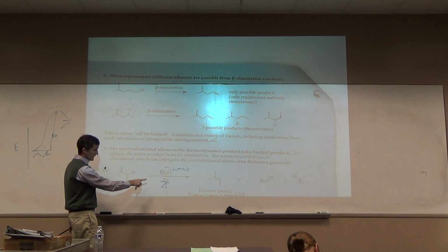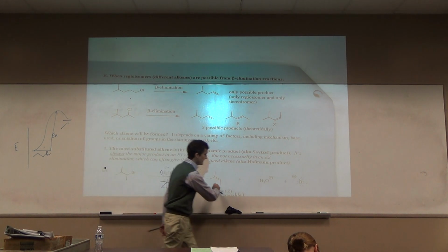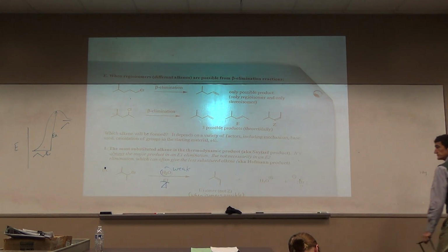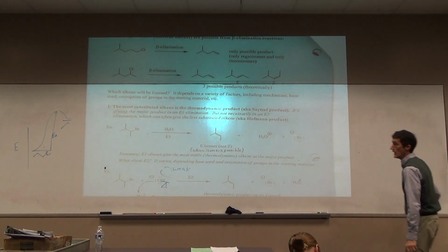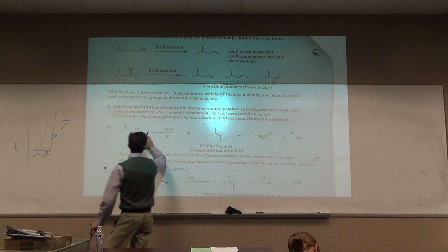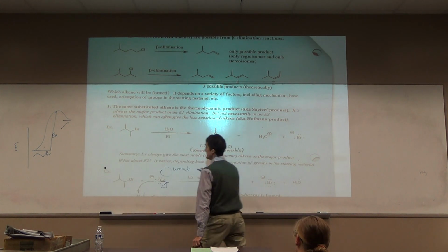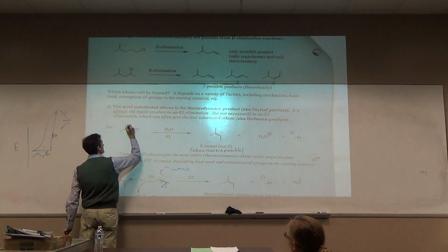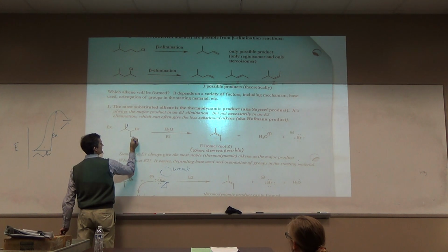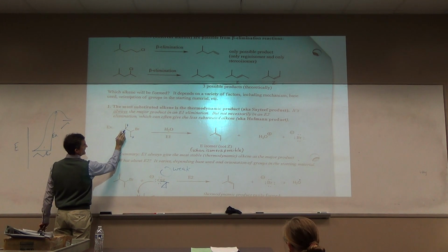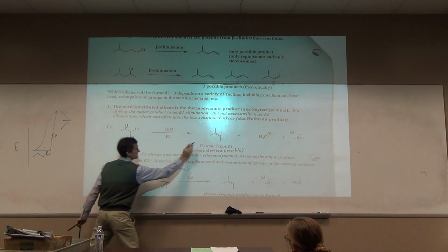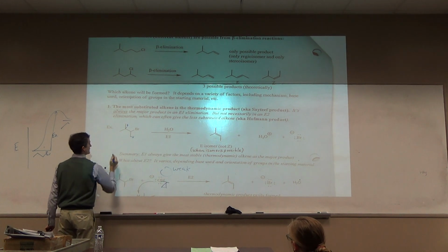Okay. This, if you eliminate, we're going to make this alkene. See, we got two choices here. There's a beta hydrogen here, and there's a beta hydrogen here. We can put the double bond in between here, which is this, or here.